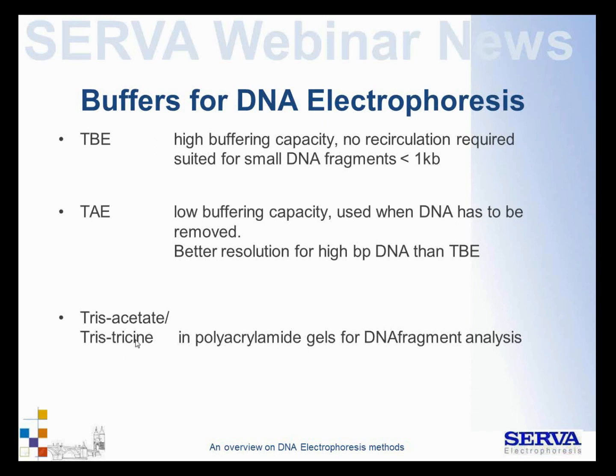We found out that the tris-acetate, tris-tricine, a discontinuous buffer system, works very well for separating short DNA fragments. So here you have the tris-acetate in the gel, and you have the tris-tricine in the running buffer, which gives a discontinuous gel effect, which works very well for small molecules.